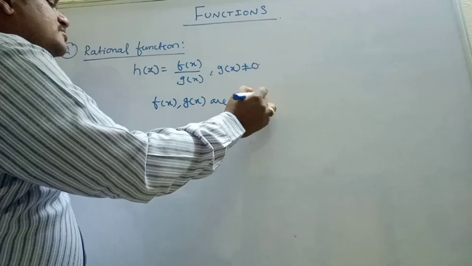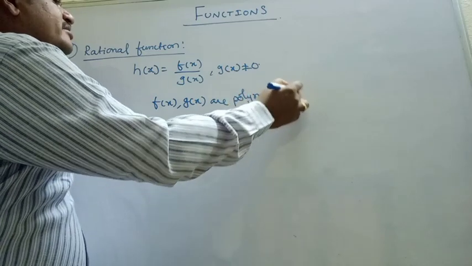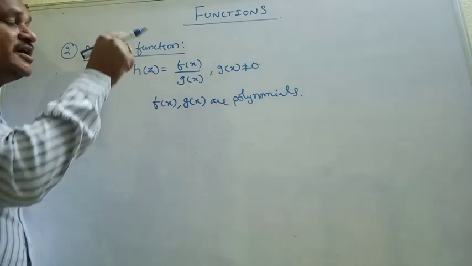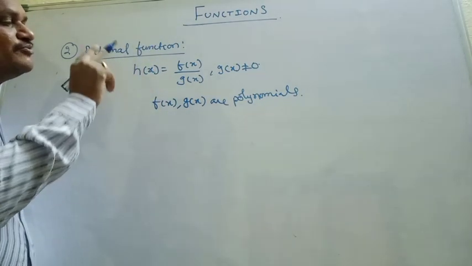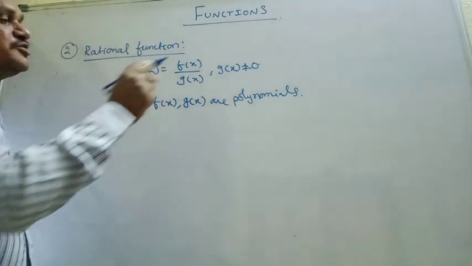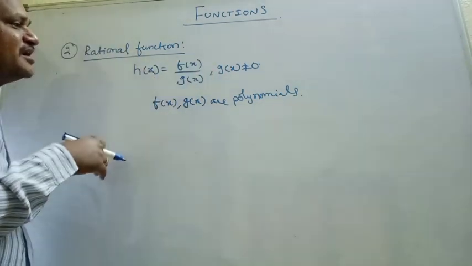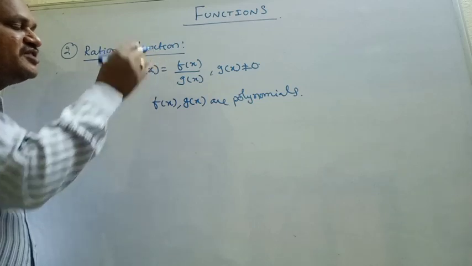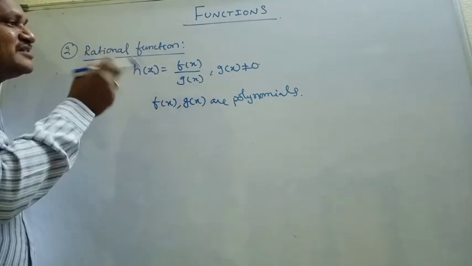A rational number is in the form p by q, where p and q are integers and q is not equal to 0. Here a rational function means it is in the form f of x by g of x.